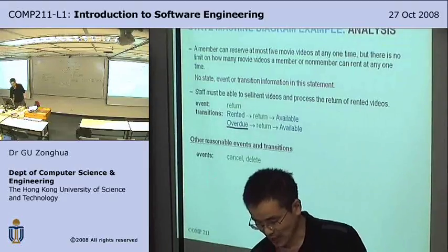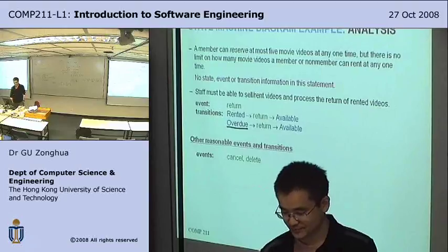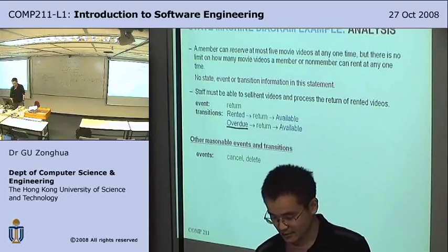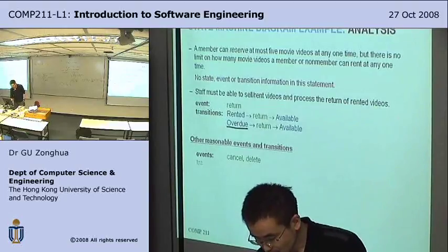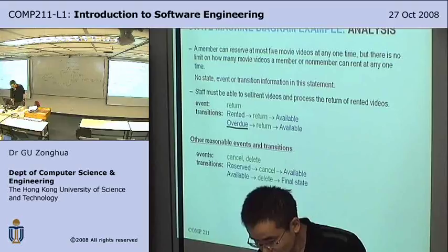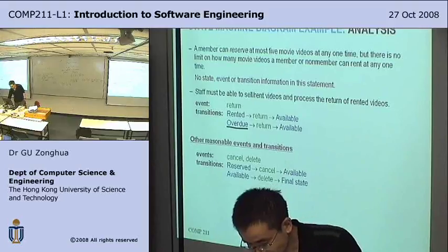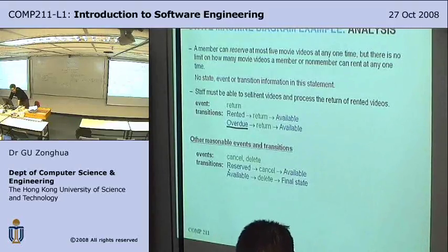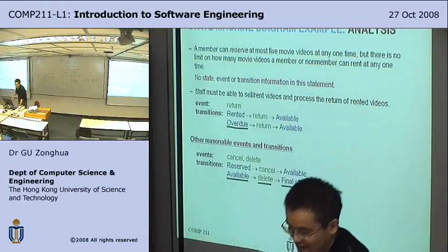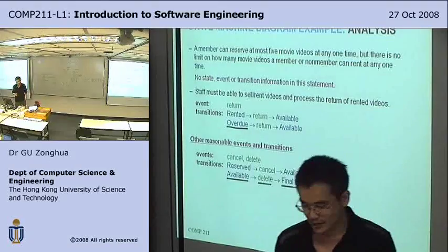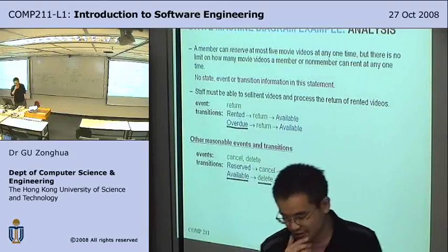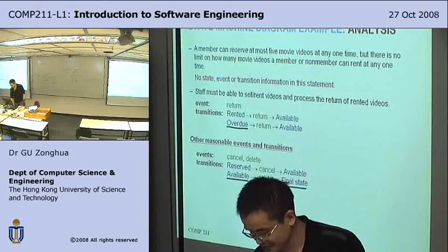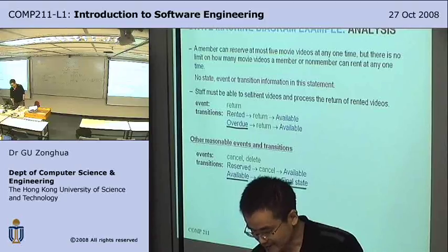Others are perhaps cancel a reservation and delete. When it's in the reserved state and you cancel, you go to available. When it's in the available state and you delete it, you go to the final state, its final resting place. It means that the video is deleted. You no longer offer the rental copy for rent.